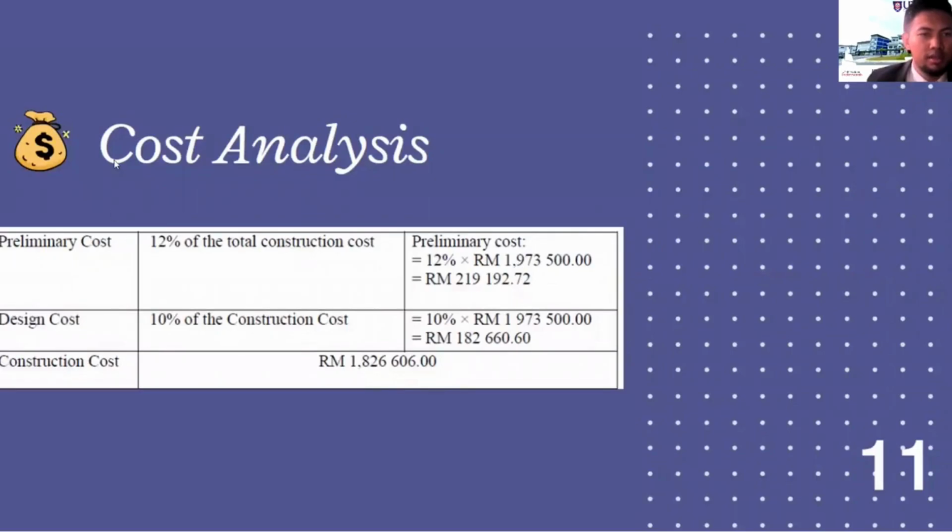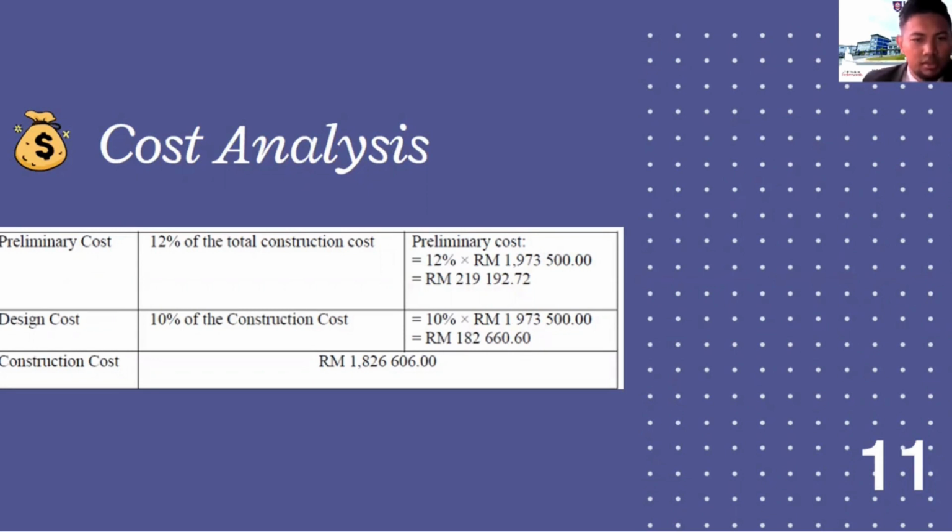This is the cost analysis. So as you can see here, 12% of the total construction cost will be used for preliminary cost, which is 12% multiplied by 1,973,500.